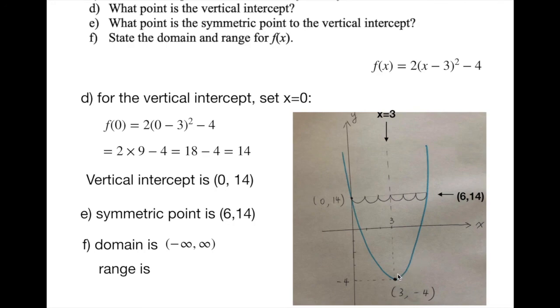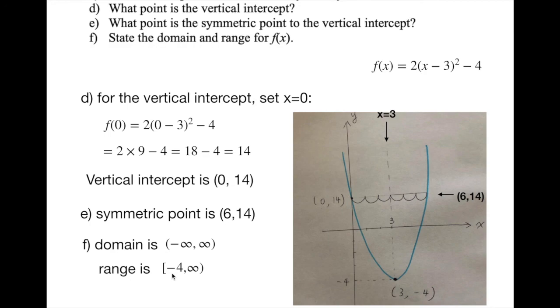And for the range, we know that this parabola opens up. So it has a minimum point, which has a height of -4. So that's the minimum y value. And all the y values above that will be possible. So that's -4 all the way up to infinity. Be careful, this -4 has a square bracket.